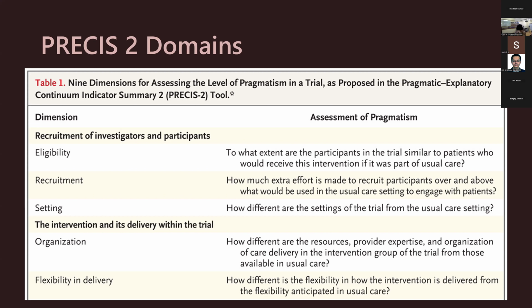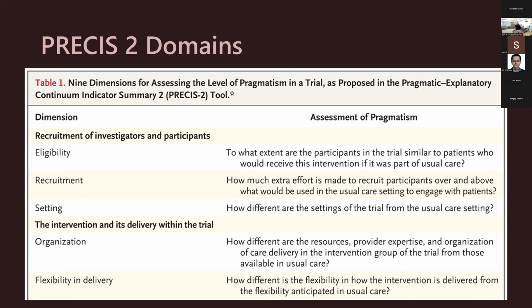For an explanatory design, they would probably require the provider to be somebody who is experienced with at least 50 intubations and has a high success rate and low complication rate. So in organization, we see that the resources and the expertise are close to usual care and nothing different from that.